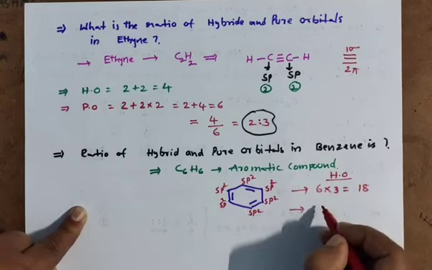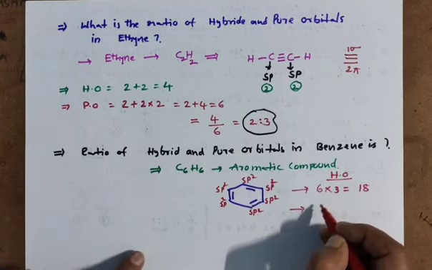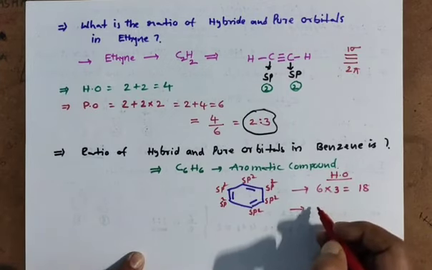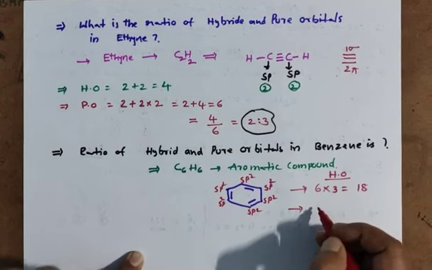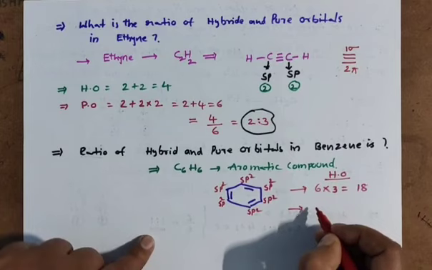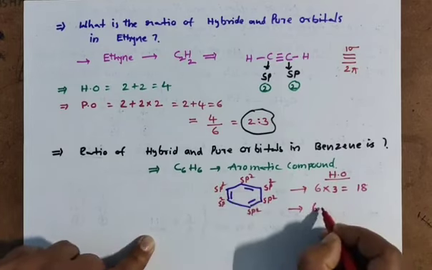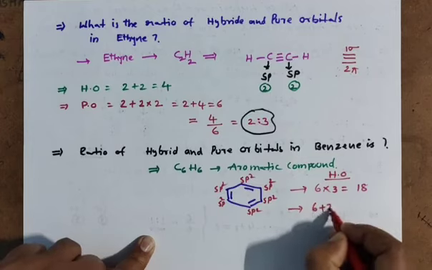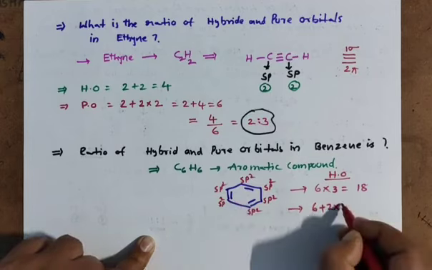And pure orbitals: other than carbon, 6 hydrogens are there. 6 plus 2 into pi bonds. 1, 2, 3, so 3 pi bonds.